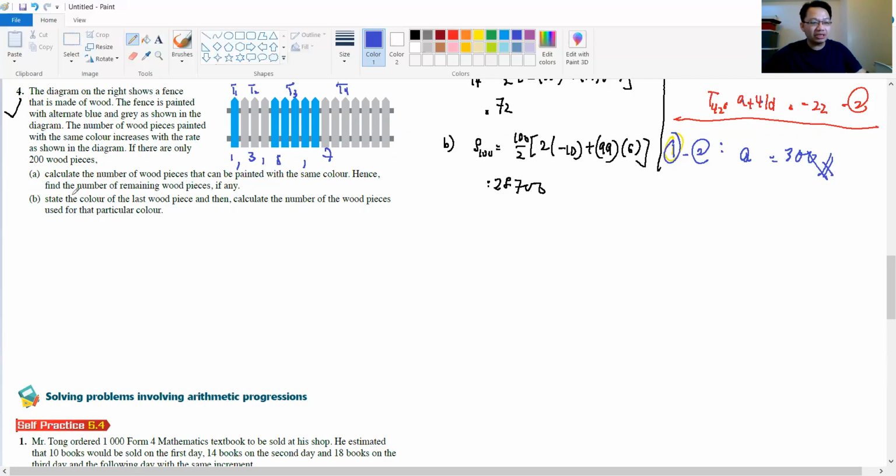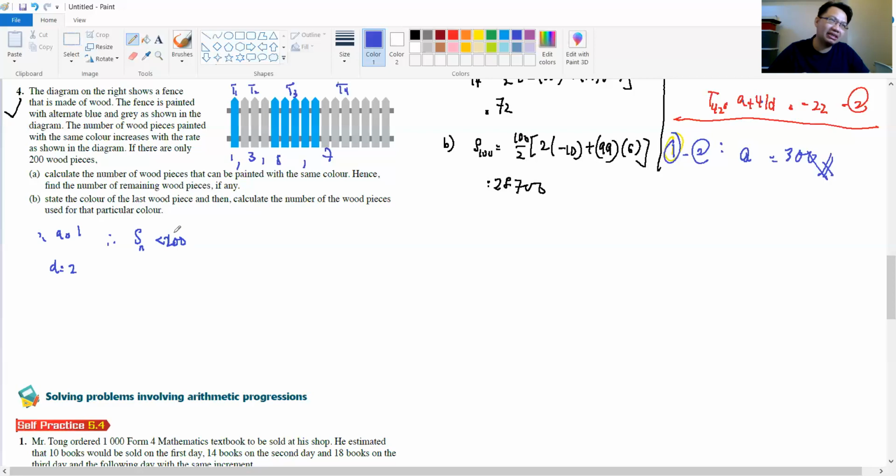All right. So guys, since we know that the pattern is 1, 3, 5, 7, your a is 1, d is 2. So the sum, we try to find the sum here. Sum of n terms cannot go beyond 200, so it will be less than 200.